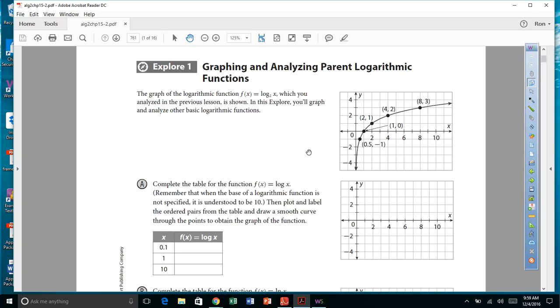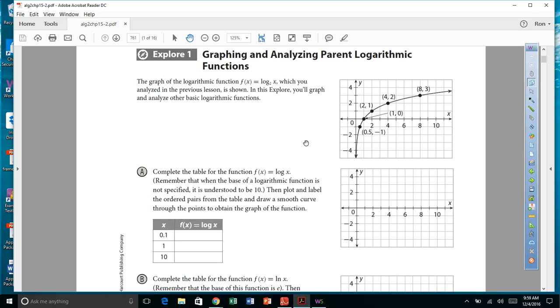Graphing and analyzing parent logarithmic functions. The graph of the logarithmic function f of x equals log base 2 of x, which you analyzed in the previous lesson, is shown. In this Explore, you'll graph and analyze other basic logarithmic functions.